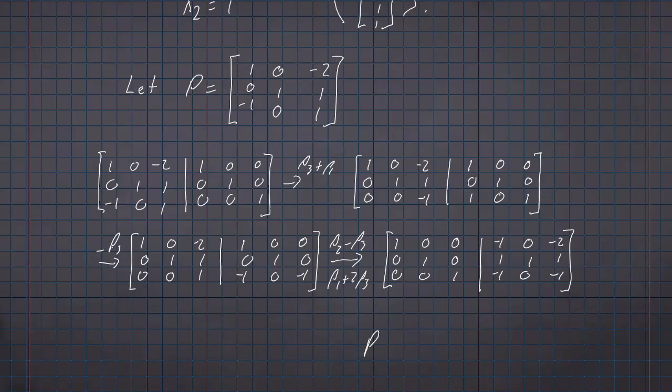So there we have it. P inverse is the matrix negative 1, 0, negative 2, 1, 1, 1, negative 1, 0, negative 1.